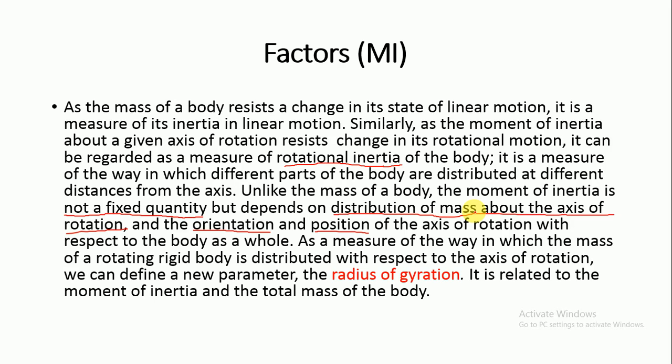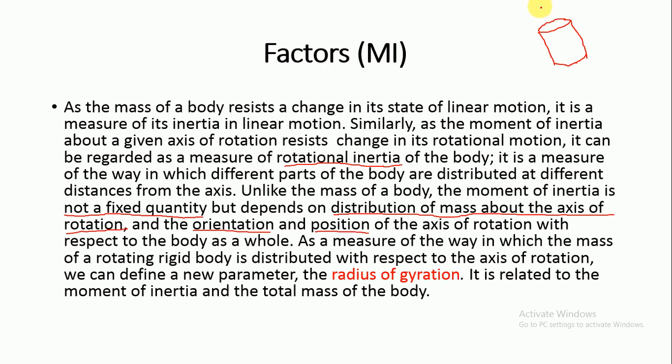Second thing is the orientation and position of the axis of rotation with respect to the body as a whole. Secondly, it depends upon the orientation and position of the axis of rotation. Let us consider a cylinder. Here I am drawing the cylinder.